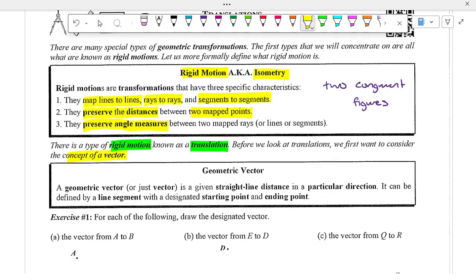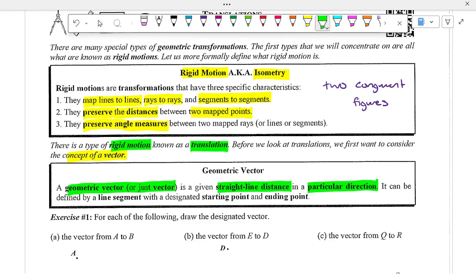Basically, a vector is just a line that has both distance and direction. All right, that's all a vector is. So a geometric vector, or just a vector, is a straight line distance in a particular direction. All right, so if I just drew a line, that's a vector.